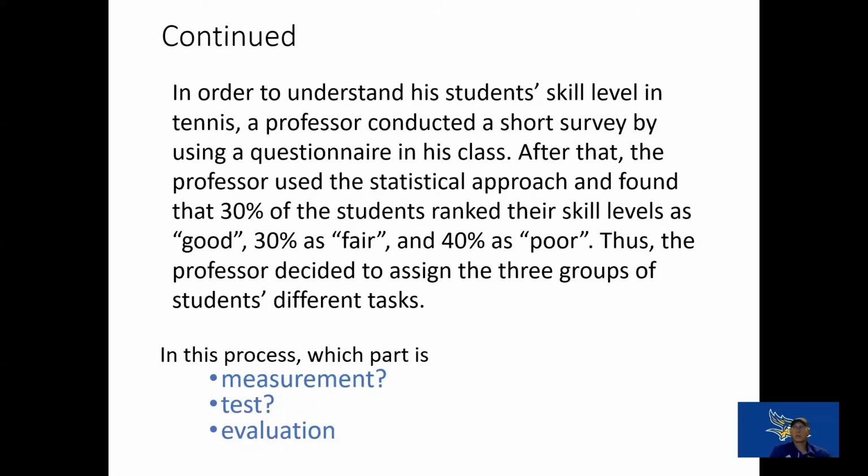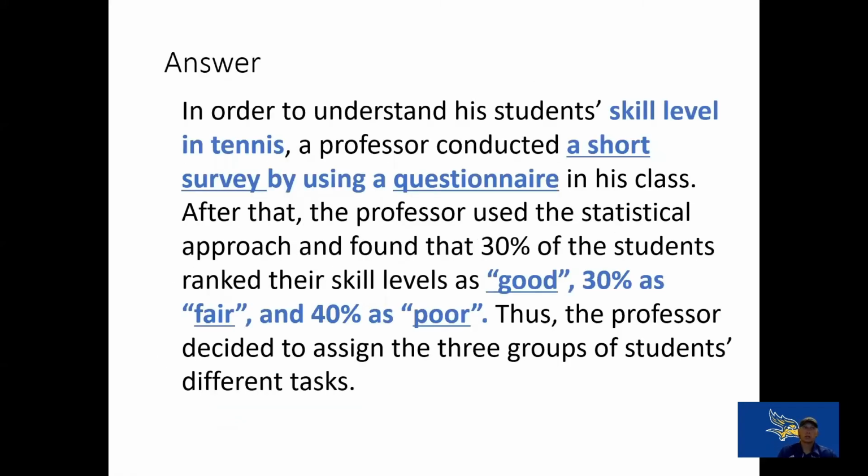Okay, where would be the measurement here? Okay, the measurement would be the skill level in tennis. Okay, the professor conducted a short survey using a questionnaire. That would be our test. Okay, so skill level in tennis is the measurement. We're trying to see what is skill level.